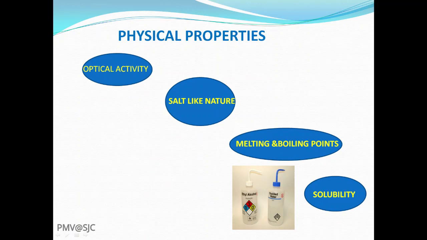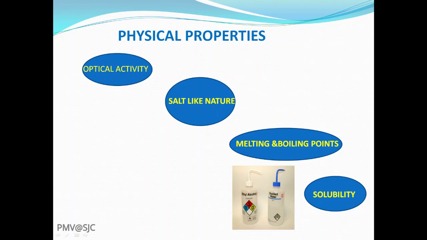The second interesting property is salt-like nature. Like salts, they can exhibit both charges, positive charge and negative charge. They readily show melting points, and the solubility is in polar solvents as they have charge separation within the molecule.